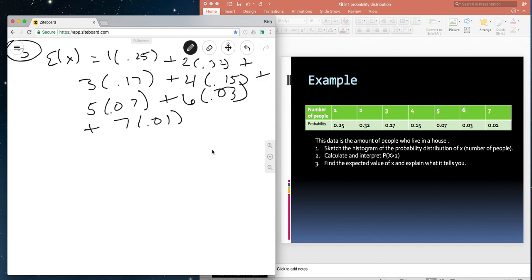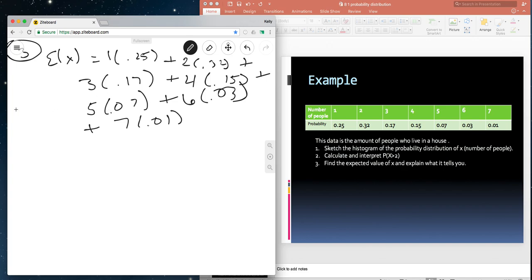Alright, so bear with me real quick while I stick this in my calculator. Use parentheses when you're typing it in your calculator. It makes it a lot easier. You don't want to make a mistake and have to retype all this again. What I'm typing is basically the parentheses around what I'm multiplying. So I'm doing 5 times 0.07.